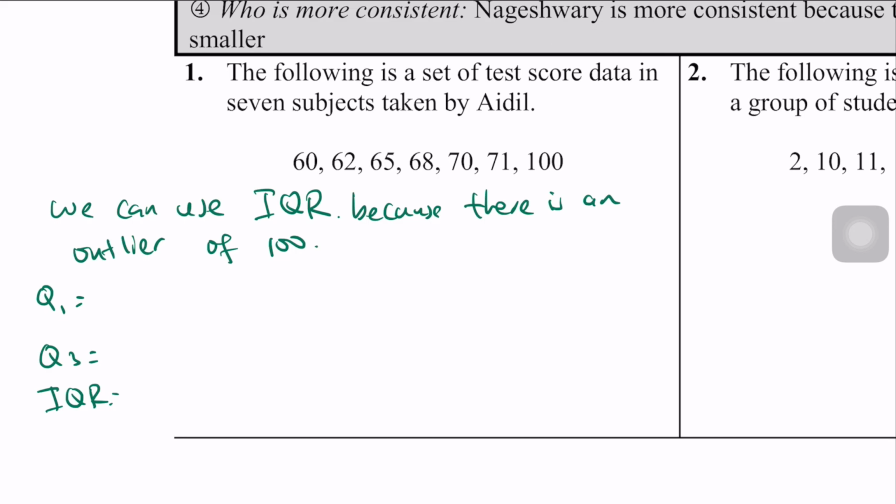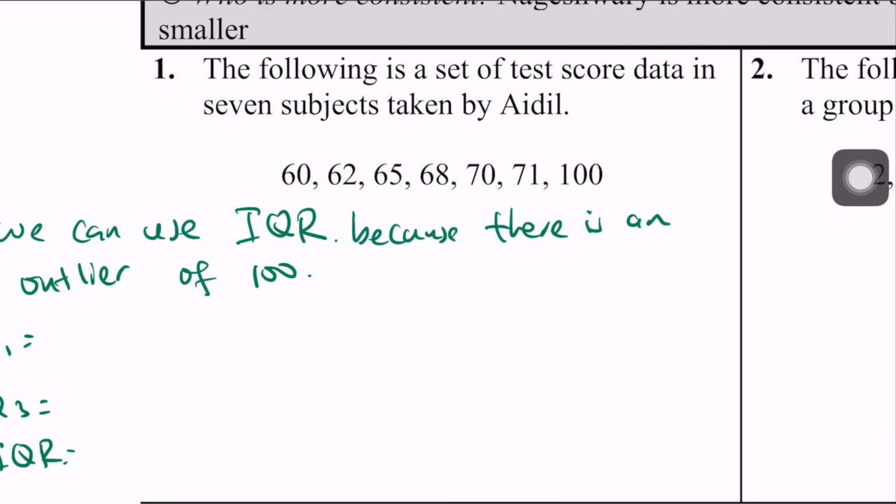First of all, we need to make sure that this data is in ascending order. Yes, it's in ascending order, and then we need to find the median. We use this method from left to right: 1, 2, 3. This one is left, so this is the median. Next, you take a look at the left and the right side and find their medians.